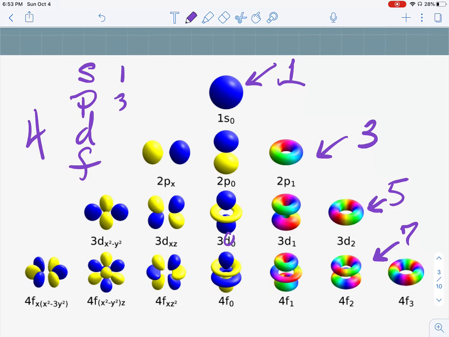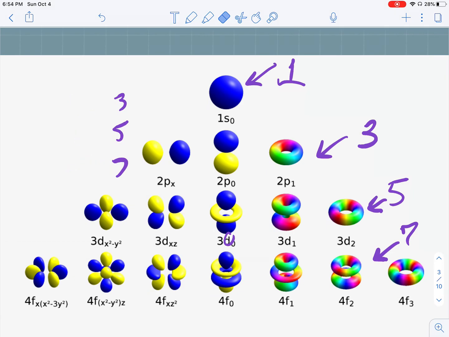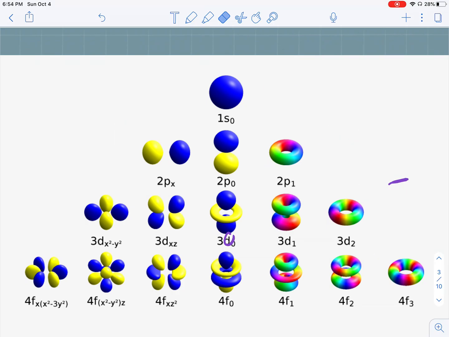So S, P, D, F: 1, 3, 5, 7. That's an important thing to know going forward, the number of potential orbitals associated with each letter designation for the sublevel. So S, P, D, F, 1, 3, 5, 7. Got to know that.